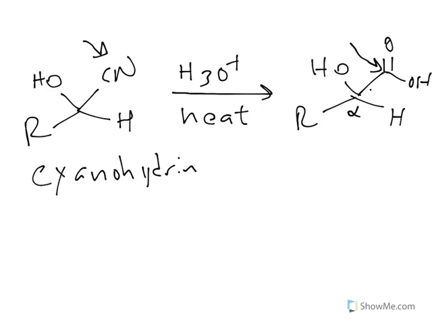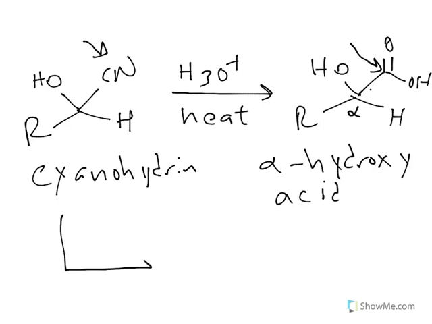So this is an alpha hydroxy acid, and these are a very important class of molecules. You'll quite often see them in beauty supplies, chemicals, things that make you look younger. You guys don't have to worry about that yet, but you get the point. Those things are quite useful.